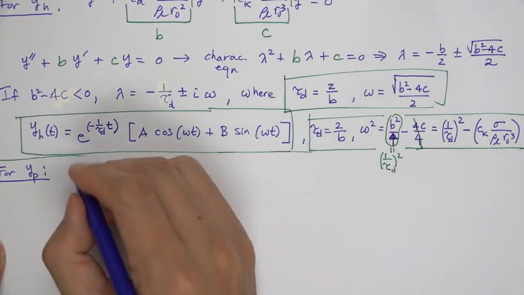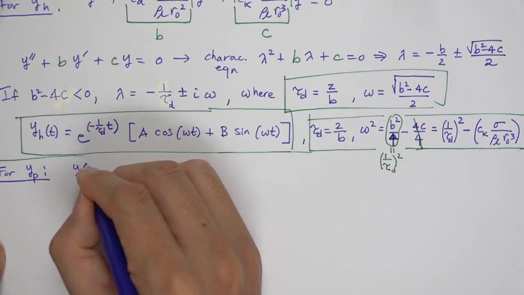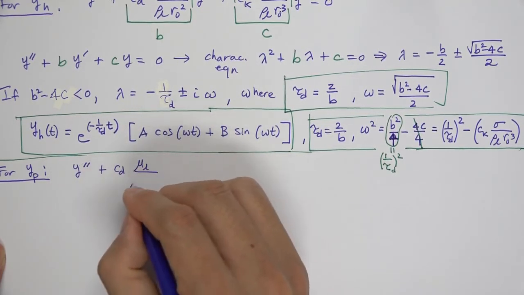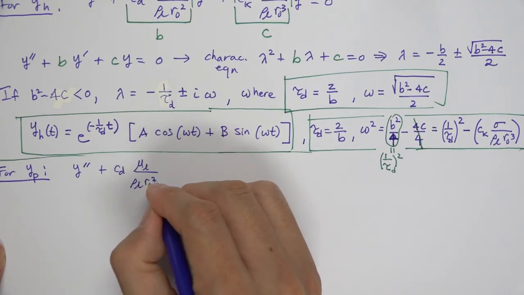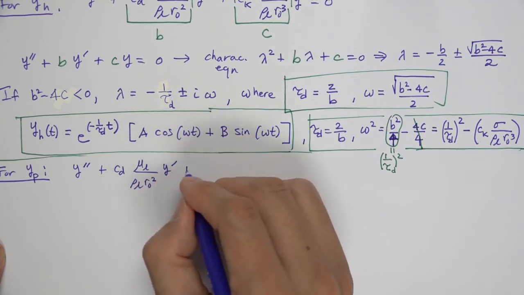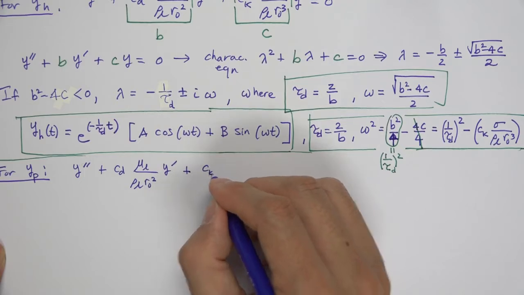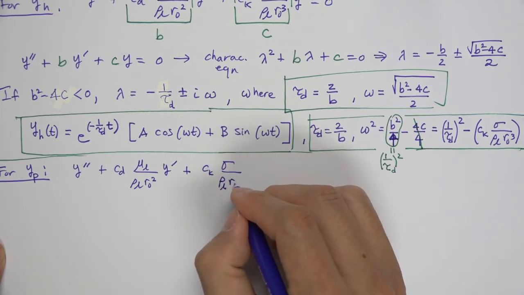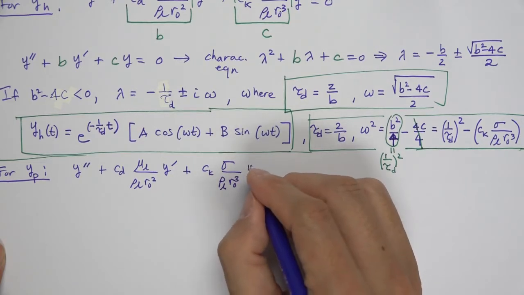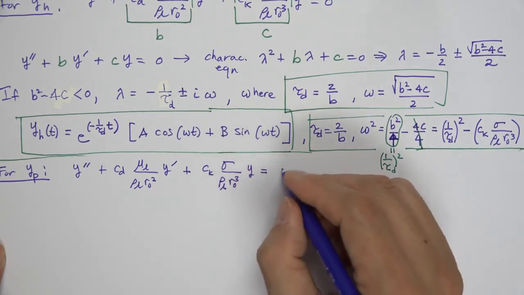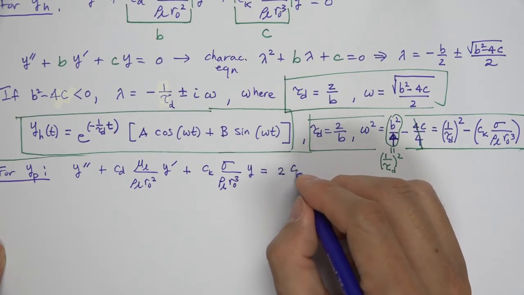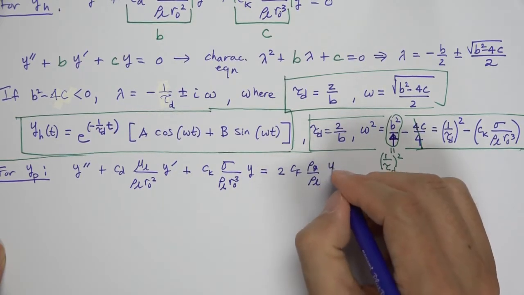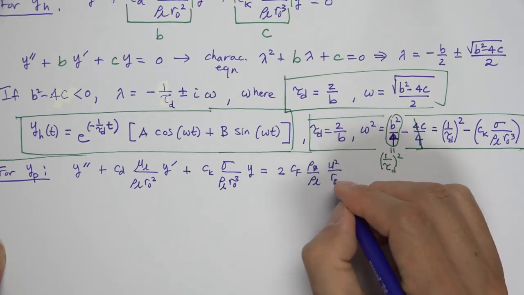Okay, particular solution, if I write y double prime plus cd mu L over rho L rho square y prime plus ck sigma over rho L rho cubed y equals 2 cf rho g over rho L u square rho square.